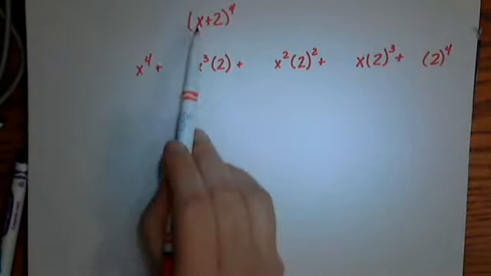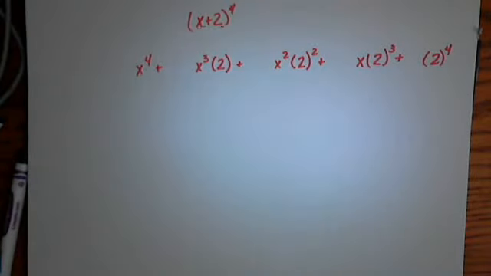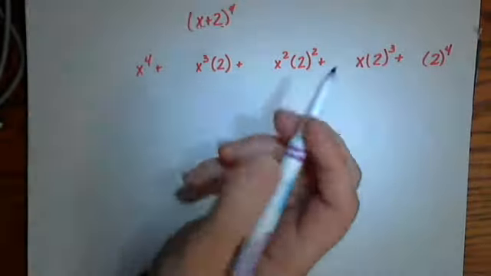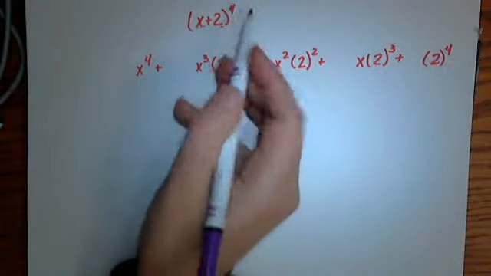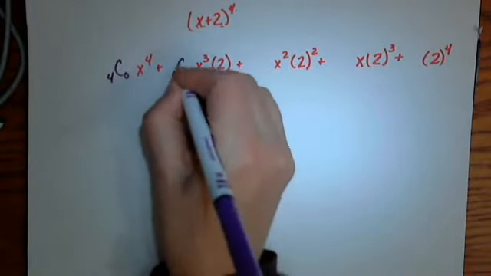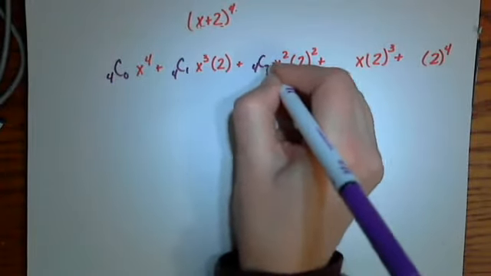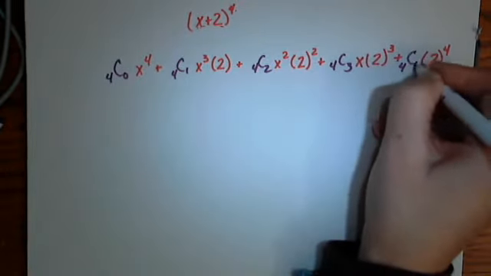And that's just for the numbers that are inside the parentheses. I still have to deal with the coefficients separately. And remember that my coefficients are always going to be 4 choose 0, 4 choose 1, 4 choose 2, 4 choose 3, and 4 choose 4.